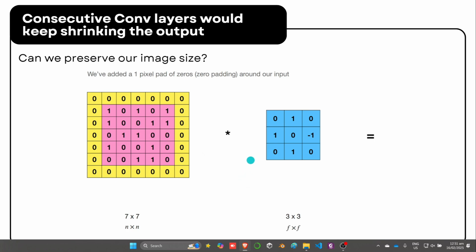So what if we took this 5 by 5 image, but we padded it with zeros in all dimensions? You can see all zeros on the top, at the right, at the bottom, and on the left. This now gives us a 7 by 7 matrix: 1, 2, 3, 4, 5, 6, 7, and 1, 2, 3, 4, 5, 6, 7.